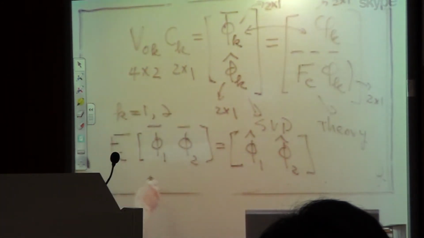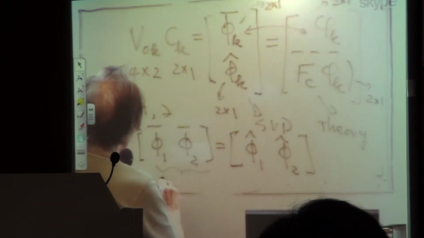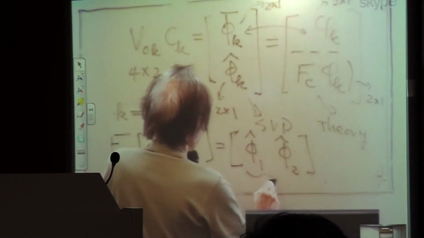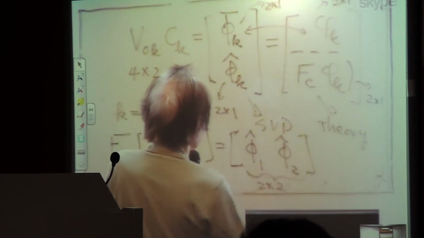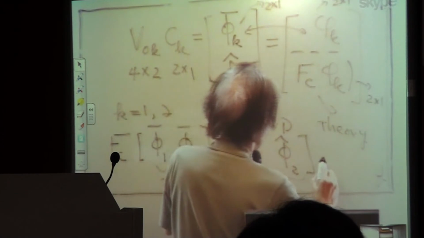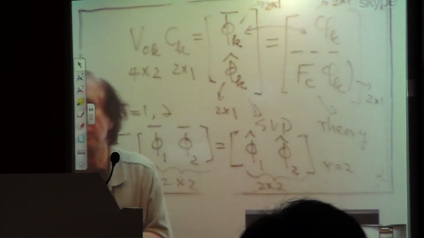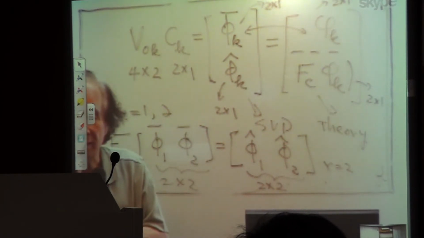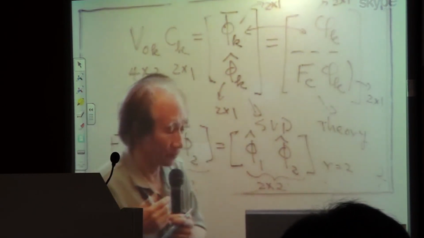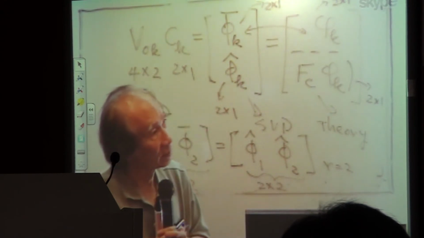If you look carefully, this will be 2 by 2, each one 2 by 1, and this one will be 2 by 2 too. For your homework problem, that's R by N, and for the homework, R equals 2. I think your homework is 2 by 2.